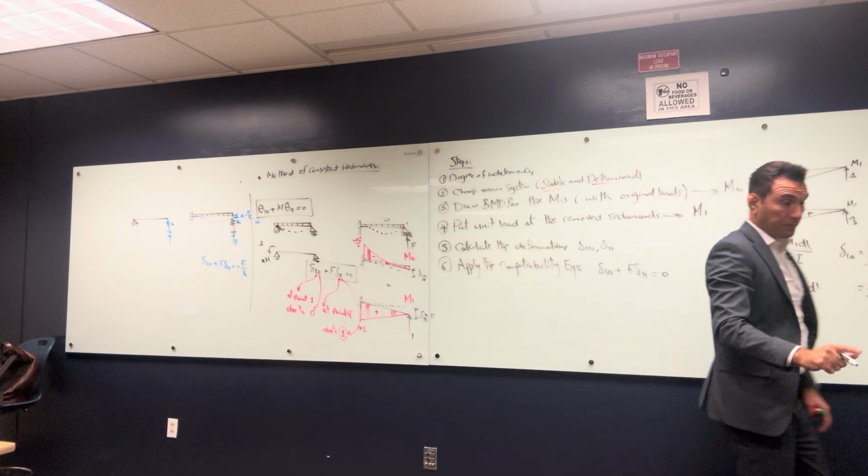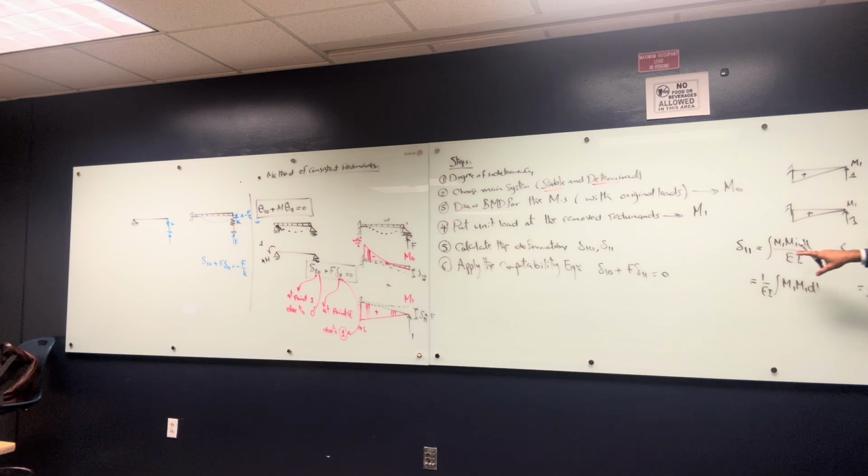By the way, delta 11 is always positive. Why? Because this system is the same as this system. If this is negative, this should be negative. If this is positive, this should be positive. So if M1 is positive it is going to be positive, and if negative it is also going to be positive. So delta 11 is always positive.